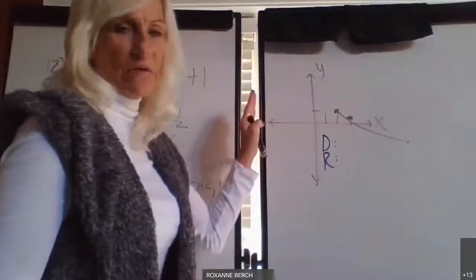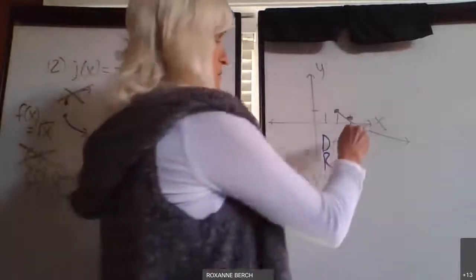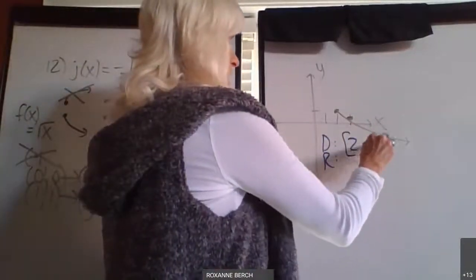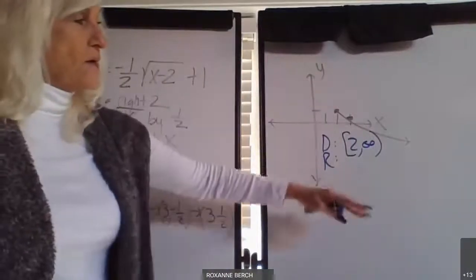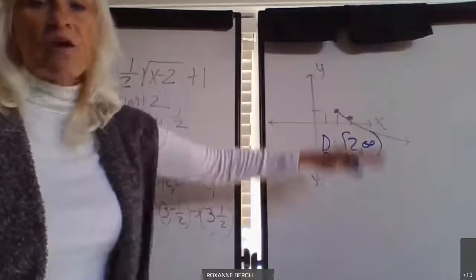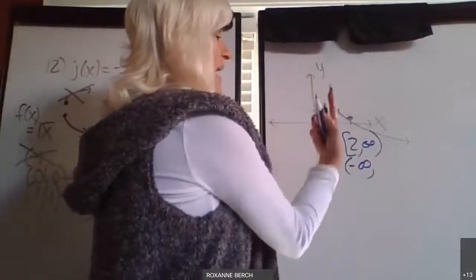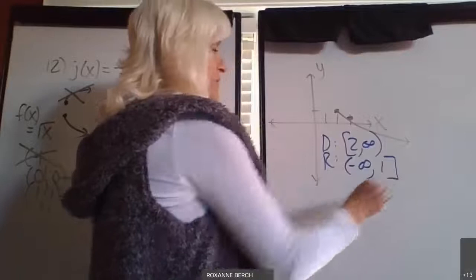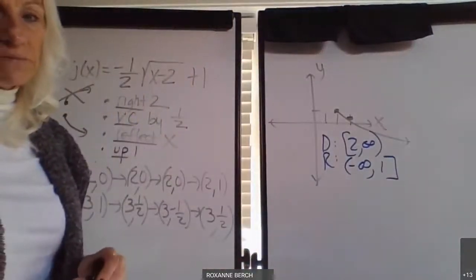Well, you don't see a graph over here. You see a graph starting at 2, going to the right forever. As far as the range goes, you see a graph going down forever. So that would be negative infinity up to 1 closed. So that's your domain and range.